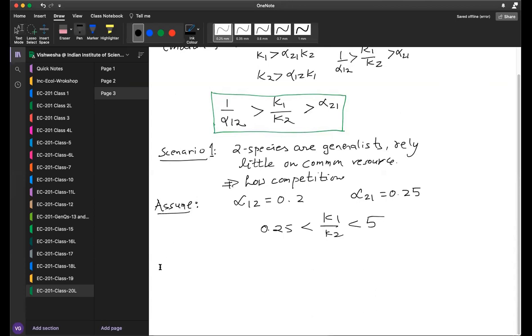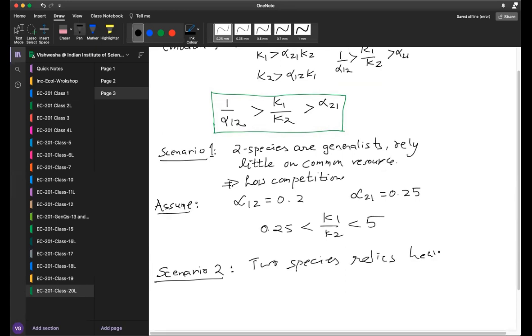Now let's consider scenario 2. Two species rely heavily on the same resource. So now can you come up with some reasonable numbers for alpha 1,2 and alpha 2,1?